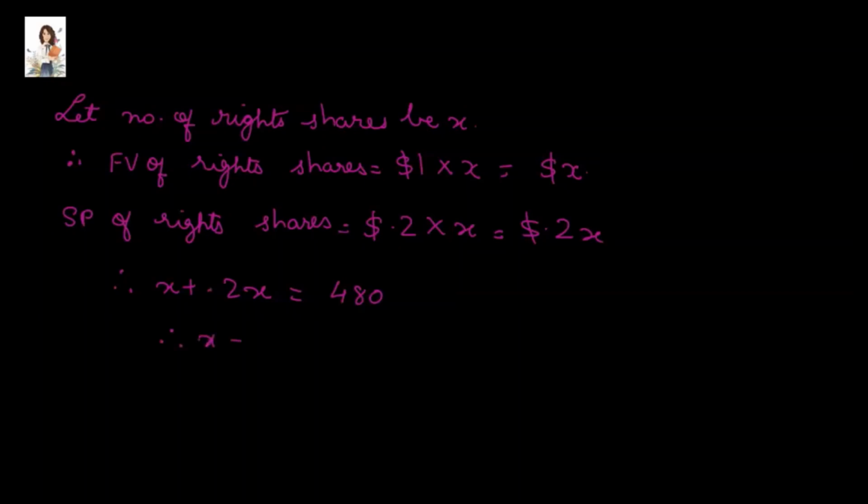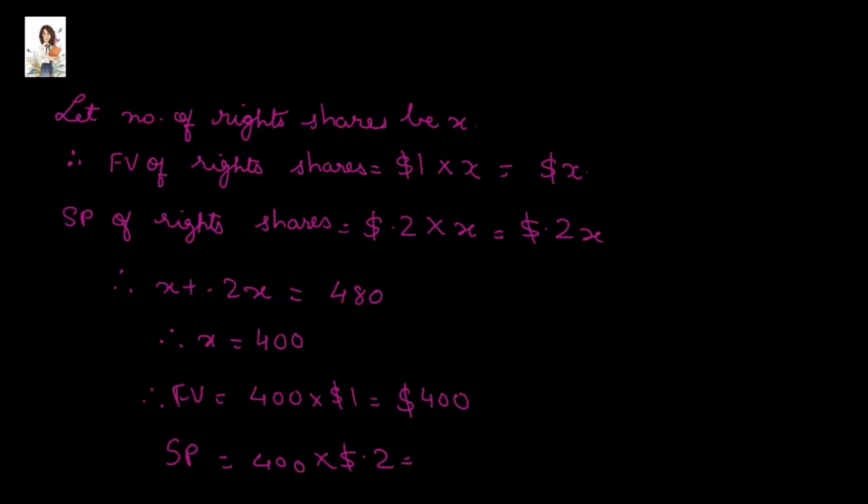Solving the equation, X is equal to 400. Therefore, the face value of rights shares is 400 into $1, that is $400,000, and the share premium on rights shares is 400 into $0.2, that is $80,000.